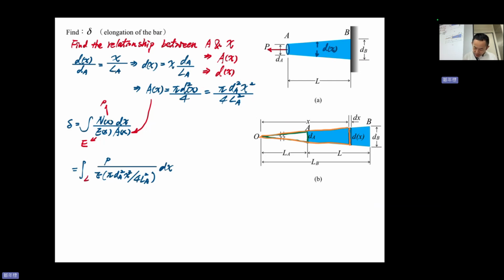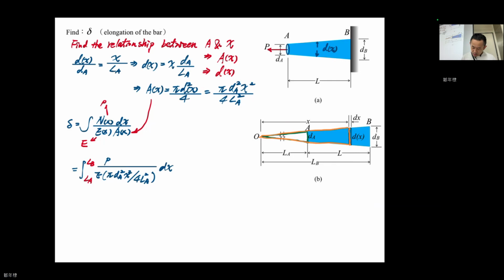So the actual material starts from LA to LB in this x system. The x origin O is here, LA, LB. And LB minus LA is L. You know L, but you don't know LA and LB, right? So don't worry, let's continue.